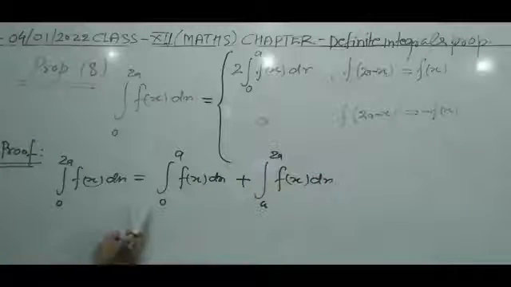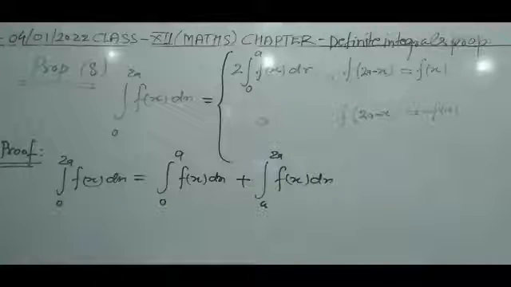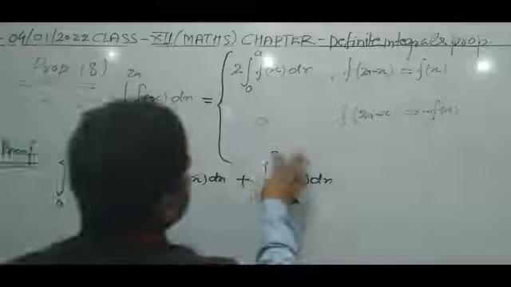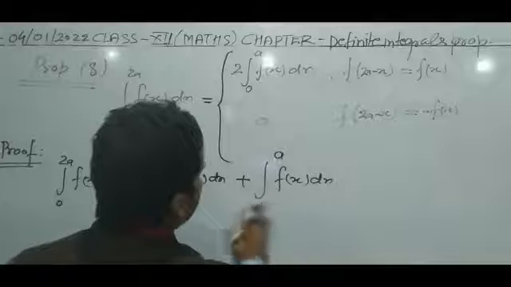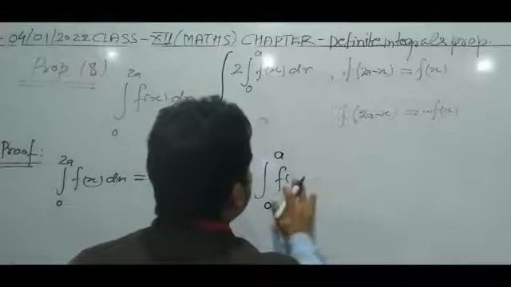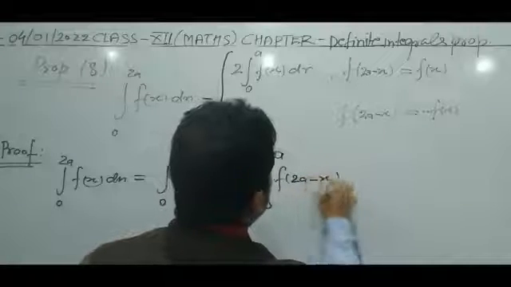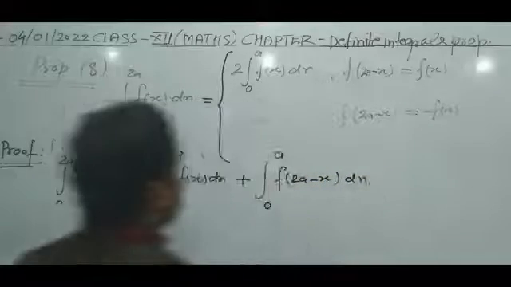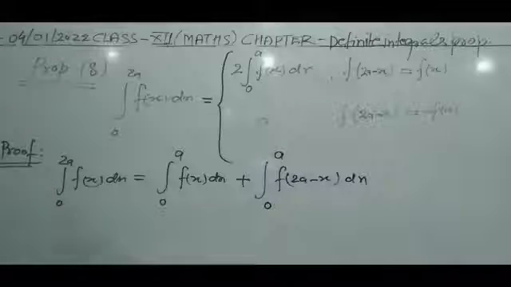So this one I have to copy only, and for the second we can write integration over a to 2a f(x) dx. Now directly we can write this one, integration over 0 to a we can consider, and these steps we can write f of (2a minus x) dx. Now this is the result.